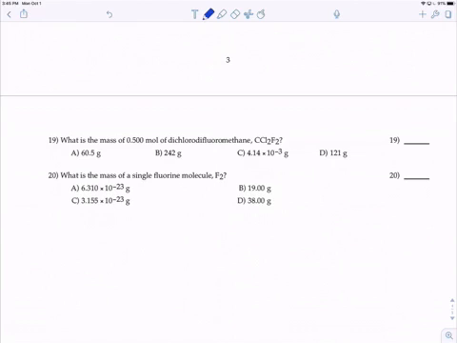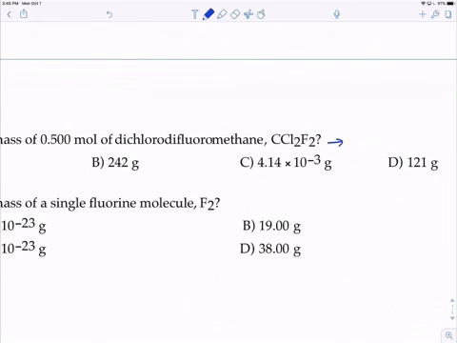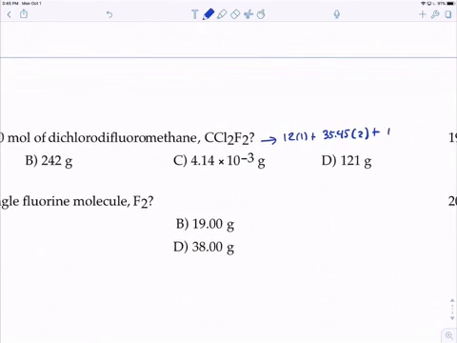So it's half a mole of dichlorodifluoromethane. So this here, it's 12 for carbon times 1 plus 35.45 for chlorine times 2 plus 19 times 2 for fluorine. So that's 60 plus 9. So this is 130.